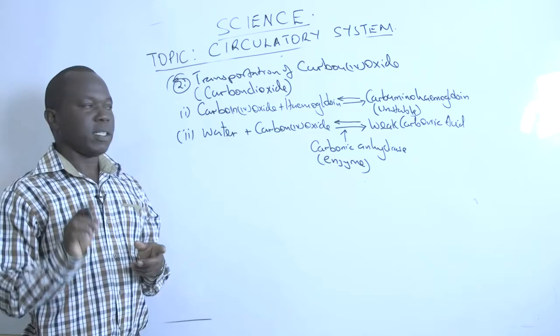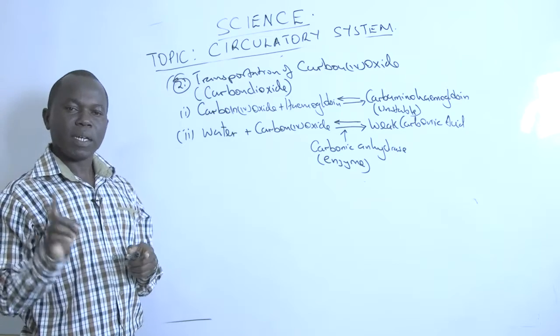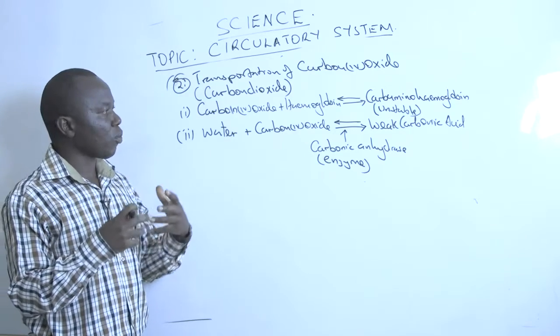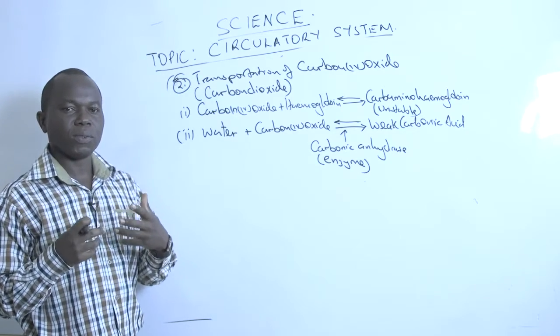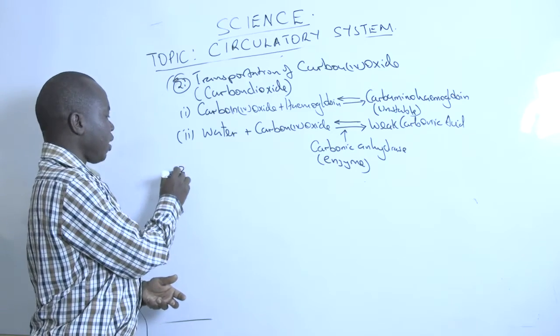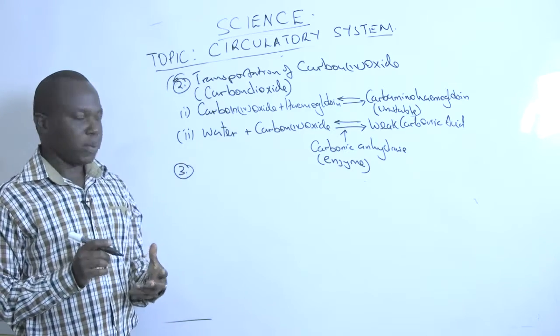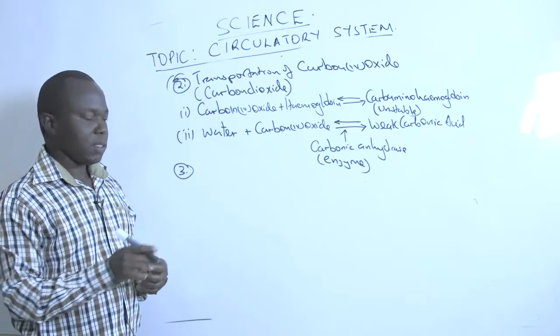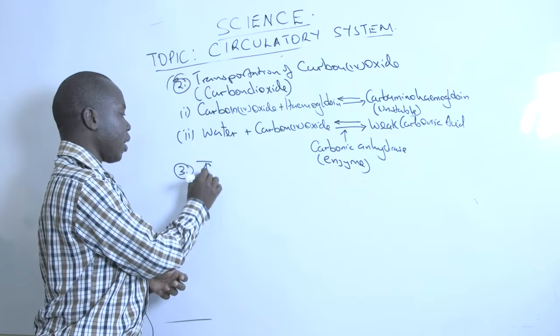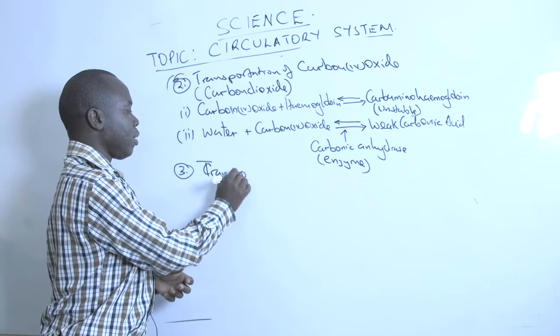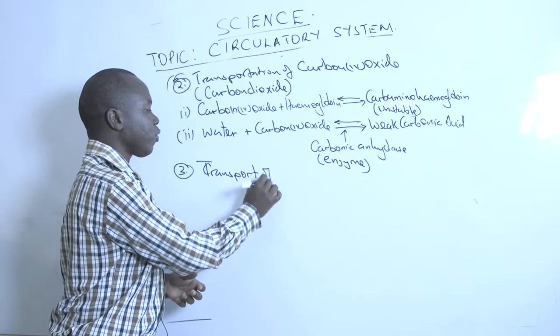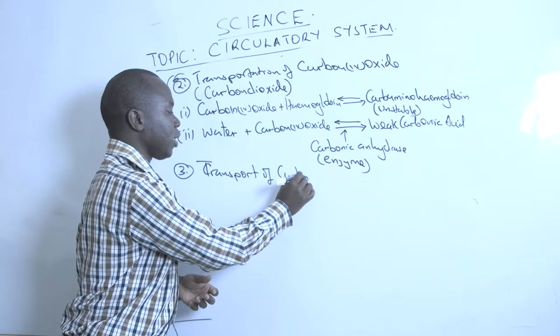Now, carbon dioxide and oxygen are not the only gases that organisms are going to come across. You also have another gas, for example, carbon monoxide. Red blood cells are also involved in transport of carbon monoxide.